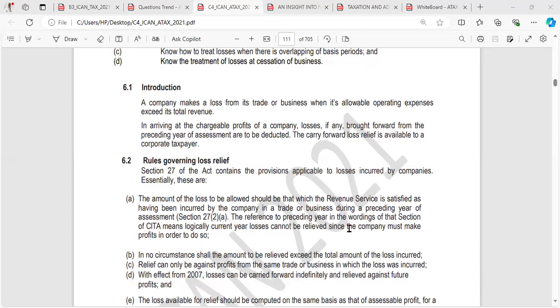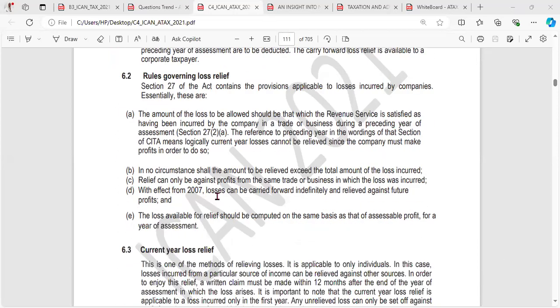Then we also have that with effect from 2007, losses can be carried forward indefinitely and relieved against future profits. What it means is that as long as you make a loss, you can go on carrying them until you make a profit, as long as the business is a going concern.